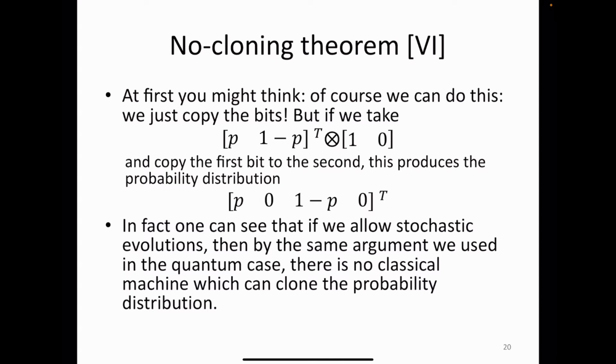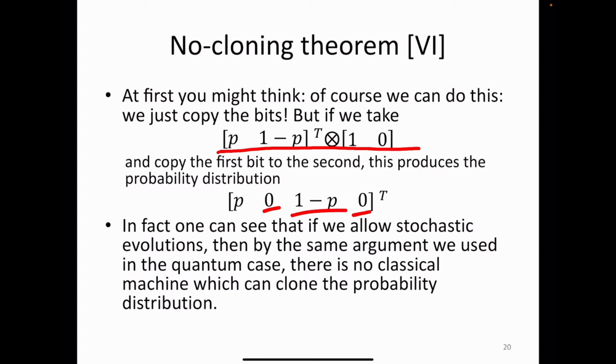But if we take this state here, for example, and copy the first bit into the second, the probability distribution that we get is p times 1 gives us p, then we have p times 0, 0, and we have 1 minus p, and again 0 here, which is totally different from what we would expect. So therefore, we have used the same argument here to show that even with classical machines, there is no way to clone the probability distribution.